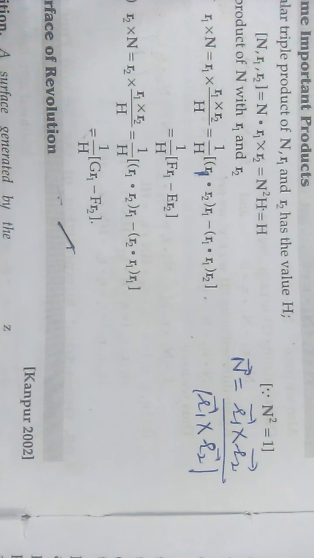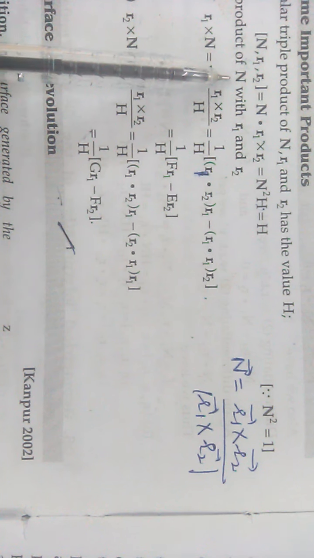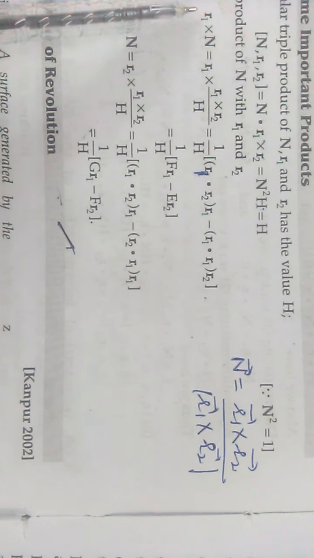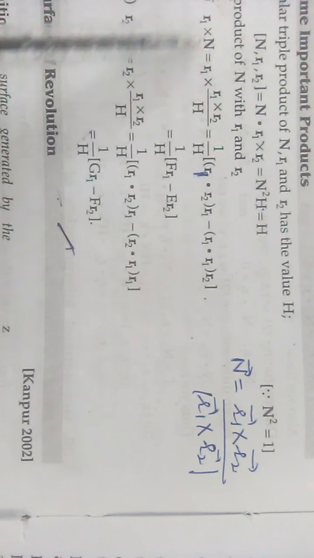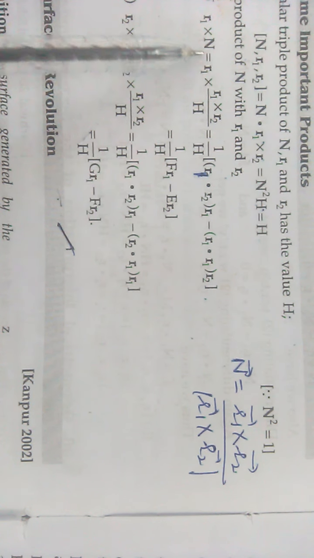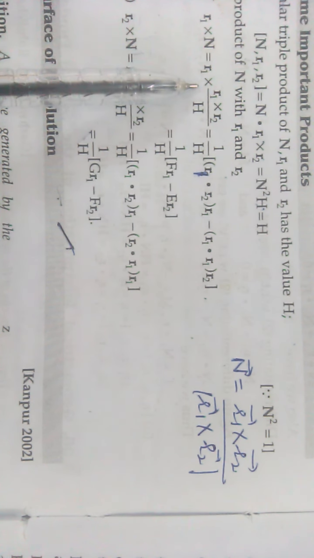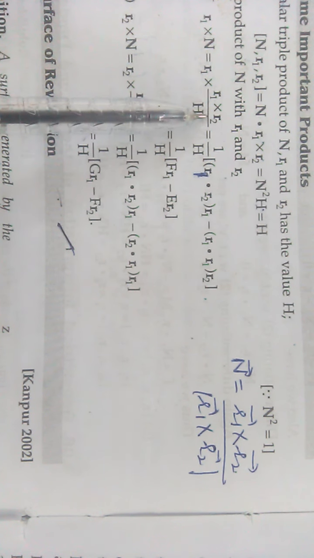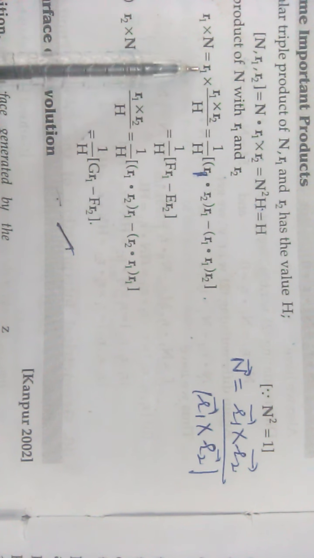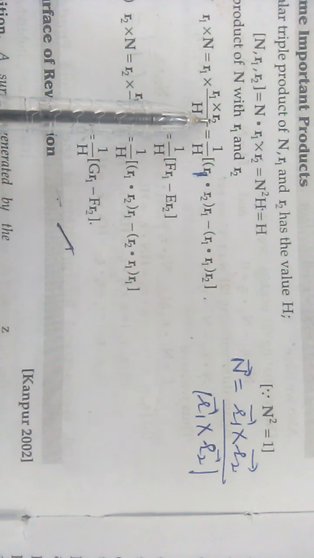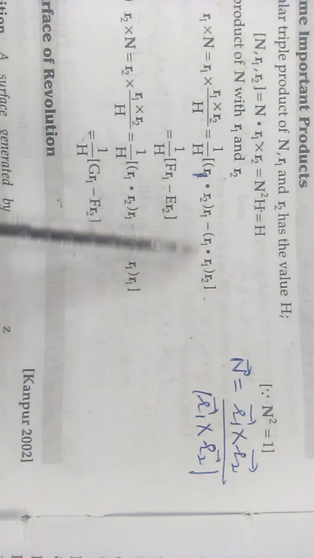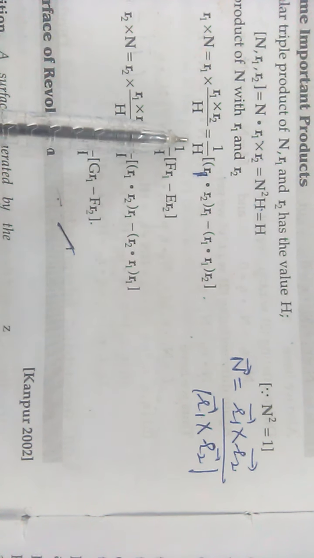Now the second result is the cross product of vector n with vector r1. Now the cross product of vector r1 with vector n, substituting the value of vector n, which is the normal unit vector of the given surface. So this is r1 cross, substituting the value of vector n here, and by using the definition of vector triple product of the three vectors, r1 cross r2 is r1 dot r2 into r1 minus r1 dot r1 into r2, upon h.